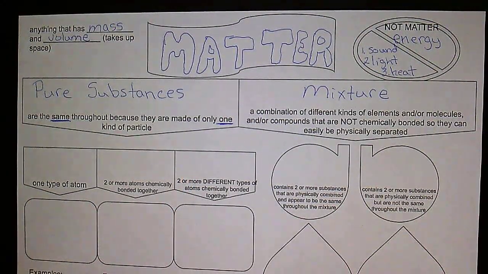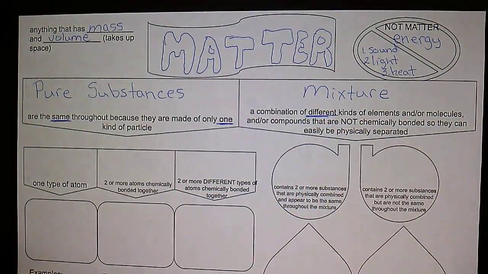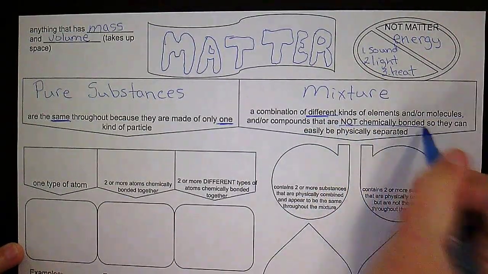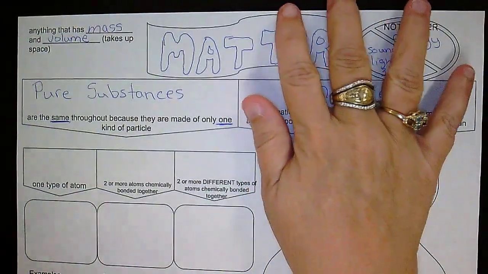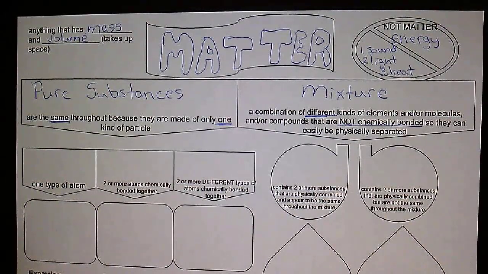And a mixture is a combination of different kinds of elements or molecules or compounds, and they're not chemically bonded, so they can easily be physically separated. Okay, we're going to focus more on the pure substances first, and then we'll finish with the mixtures.